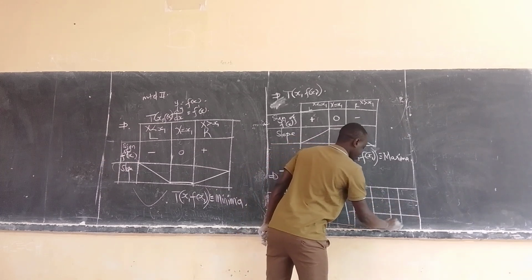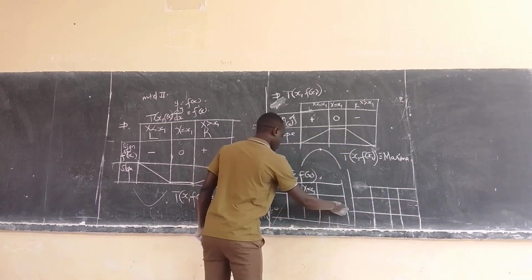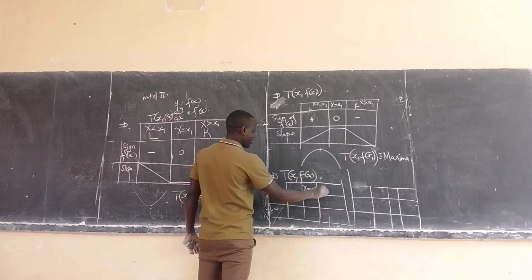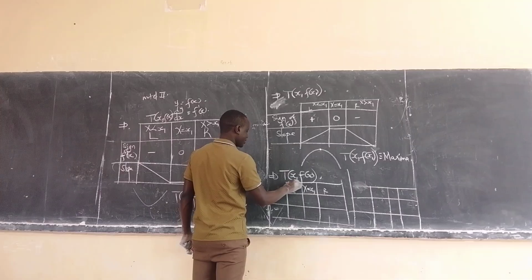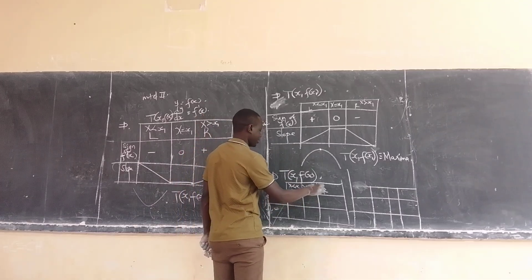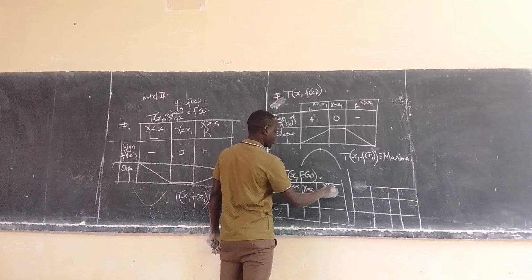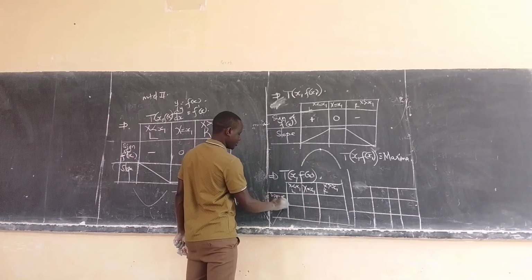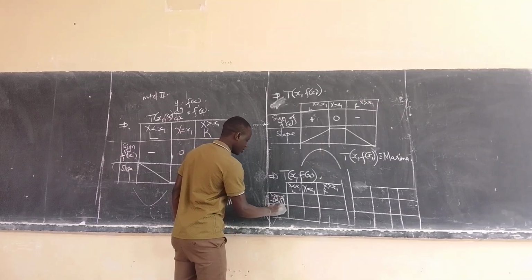For our side, it might be common in paper 1, but this side is not very common. So we need a value on the left and on the right. This is x less than x1, then this is x greater than x1. So this is our sign of the first derivative, and this is its slope.